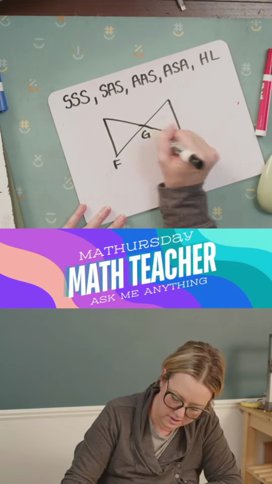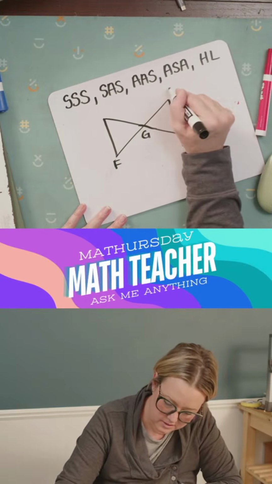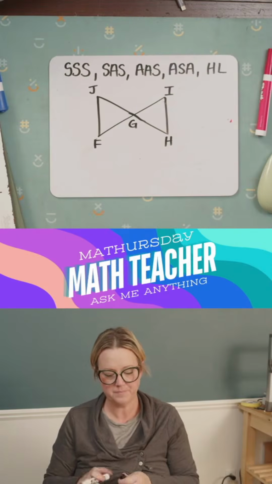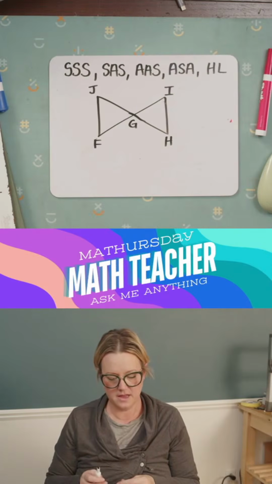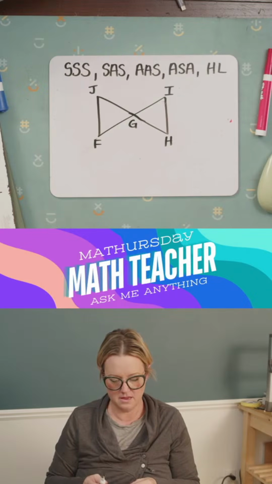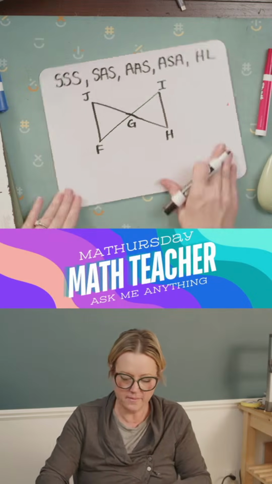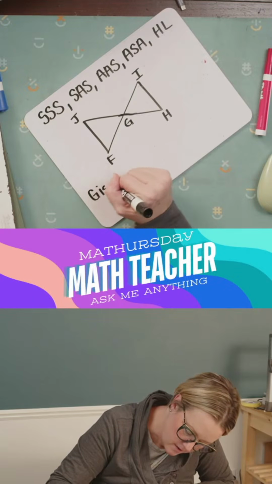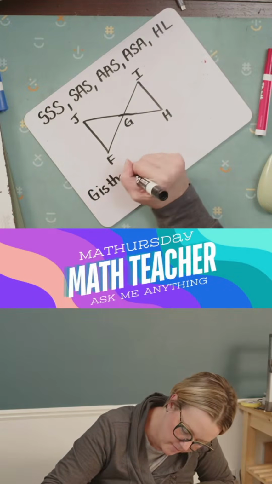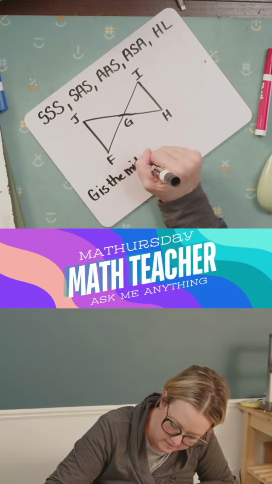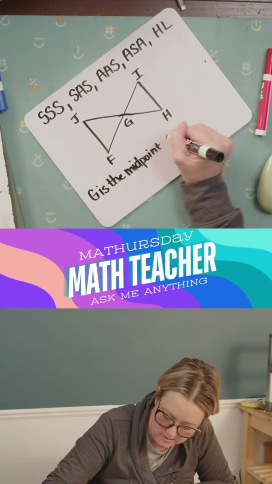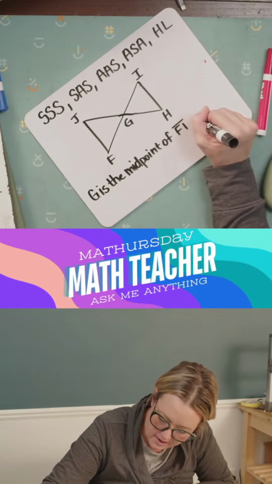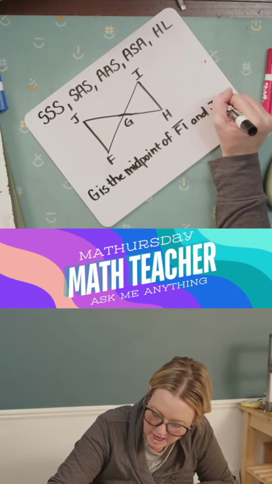F, G, H, I, J. Okay. Let's say I'm going to give you a little information. I'm going to say G is the midpoint of FI and JH.